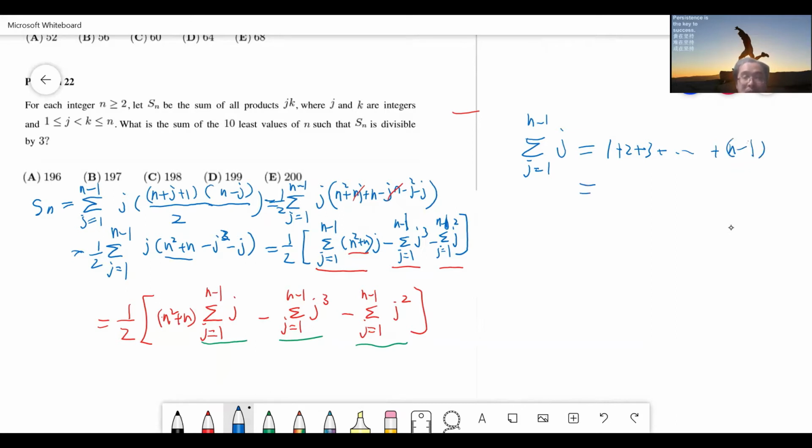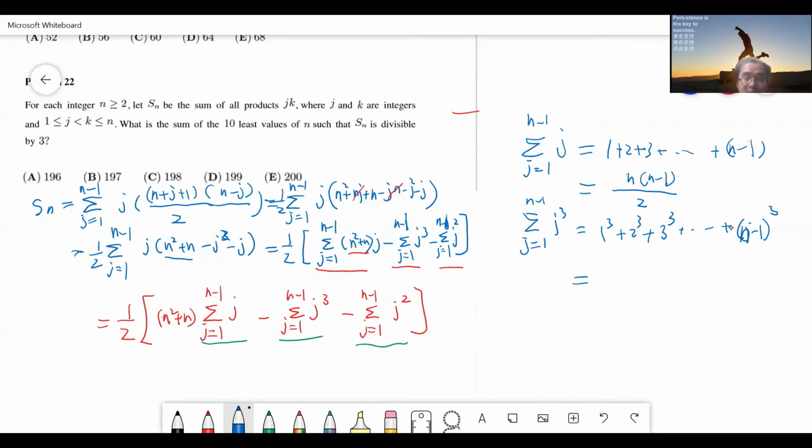This is equal to n times n minus 1 over 2. The summation of j equal to 1 to n minus 1 of j cubed equals 1 cubed plus 2 cubed plus 3 cubed all the way to n minus 1 cubed, sorry.